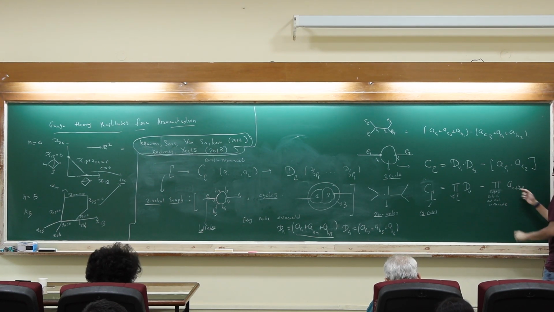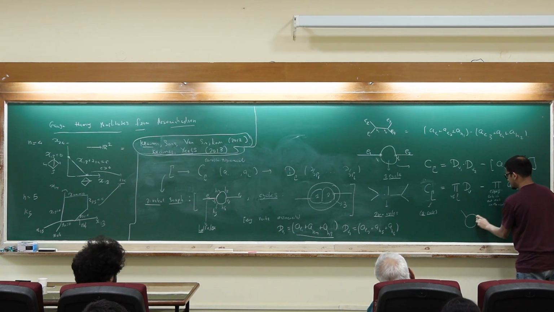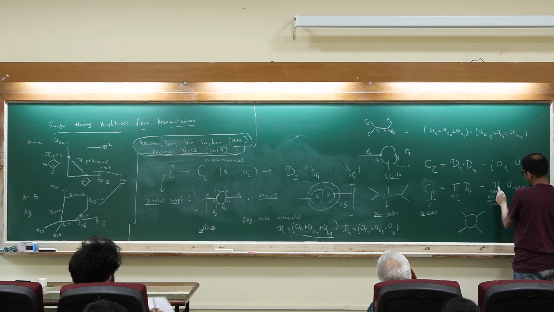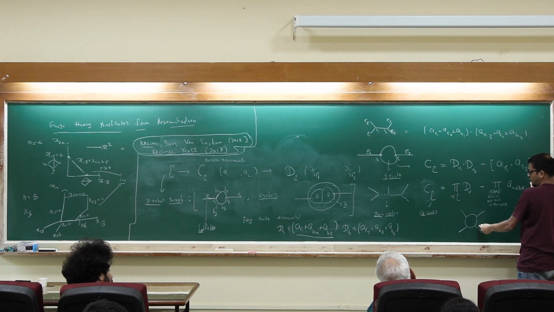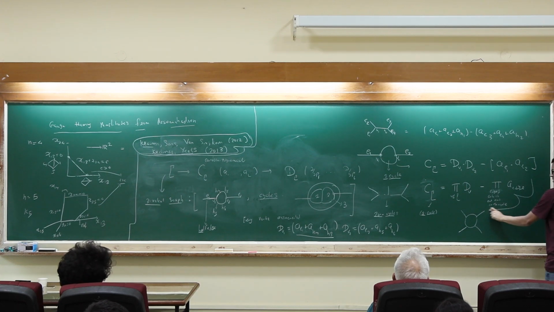Is this clear what we have done here? So if you have a wheel graph like this, then the subtraction term is AE1, AE2, AE3, AE4. Okay, that's the point. And the minus sign is what will cause ghost contributions to come. So that's why the minus comes.